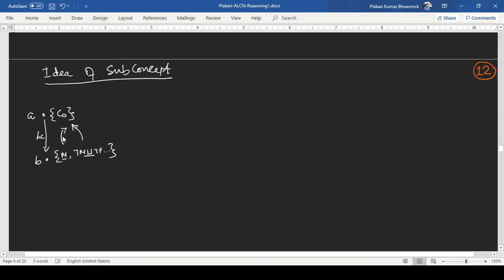So that means that this sub concept has a recursive sense in its definition, right? And that recursive sense is being used to define it formally.